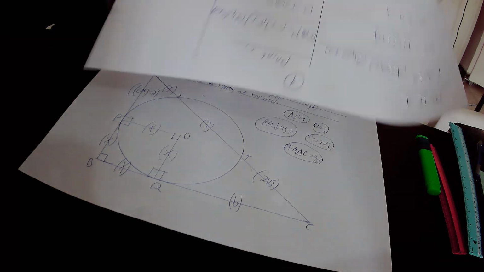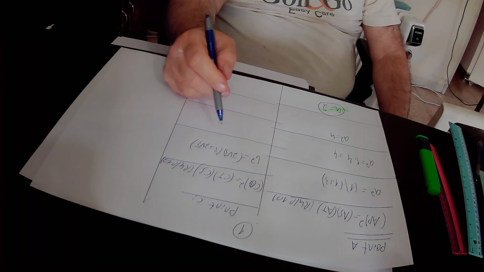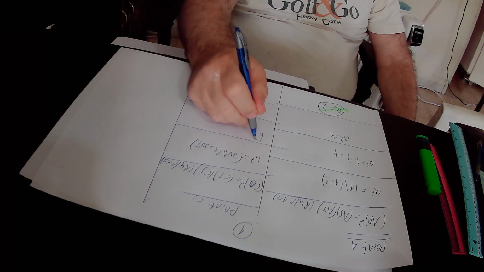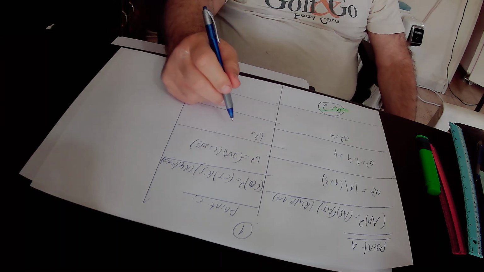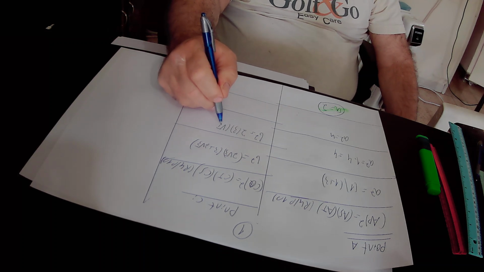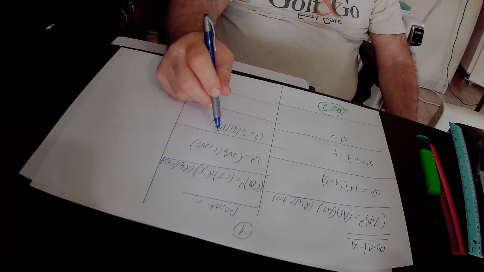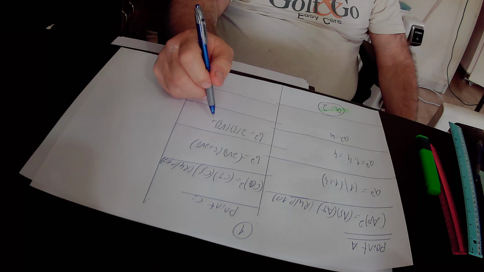So in conclusion, B square equals 2 times the square root of 3 times (3 plus 2 times the square root of 3). So B square equals 2 times 3 times the square root of 3, plus 2 times the square root of 3 times 2 times the square root of 3, which equals 12. Why?